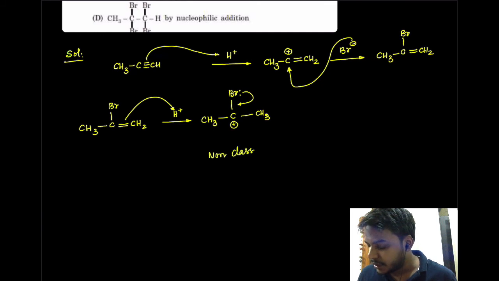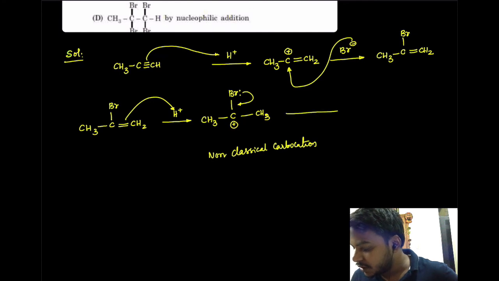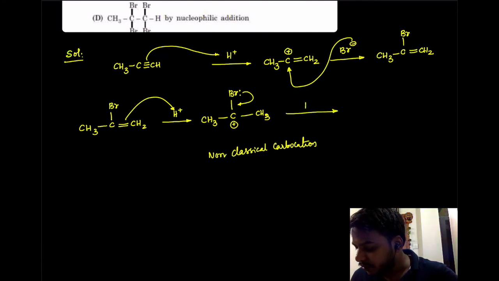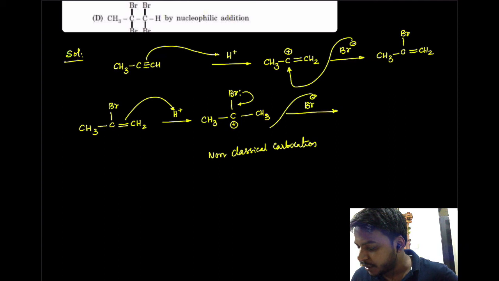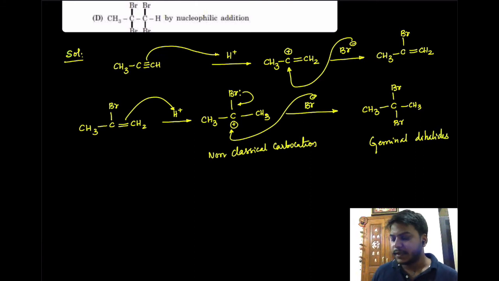That means non-classical carbocation formation, which will bring more stability to the carbocation. Hence the carbocation is formed here, and then Br minus will attack here. Thereby we would have this as CH3 C Br Br and CH3. So we can see we have geminal dihalides forming, dibromides in this case, okay.